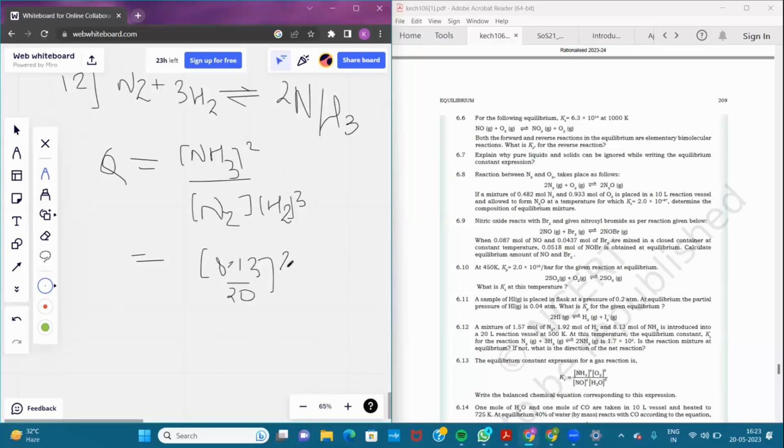Divided by N2, which is 1.57 moles divided by 20.